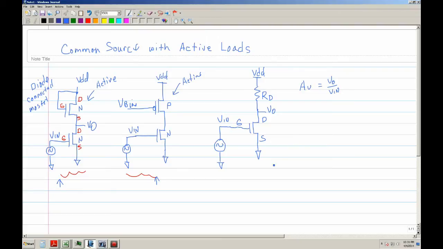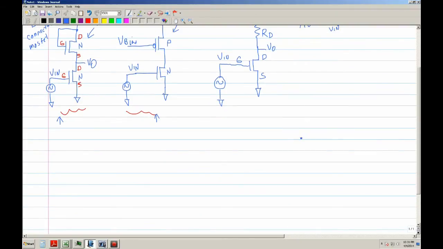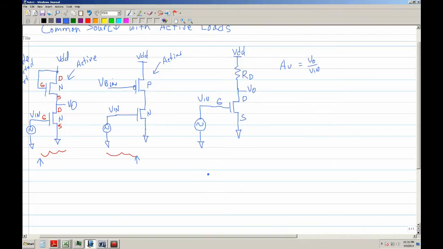Well, you do a small signal analysis, and basically it should look like this. This should be your VGS, and then this is your current source, which should be gm VGS, with the positive side of the VGS and the negative side of the VGS.